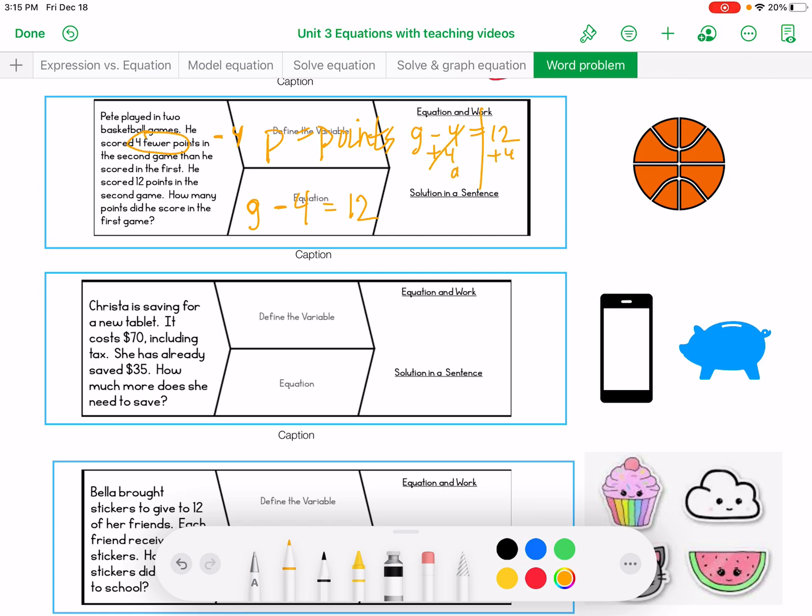That 4 pairs out. G is equal to 16. So I'm going to then plug in 16 minus 4 is equal to 12. 16 points. How many points did he score in the first game? If he scored 16 points and he scored 4 fewer points in the second game than he did in the first game, this is reasonable. This makes complete sense.